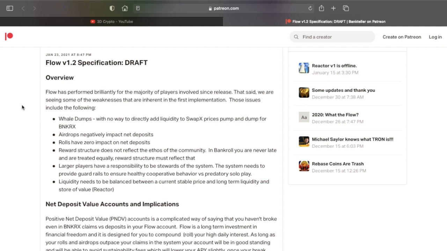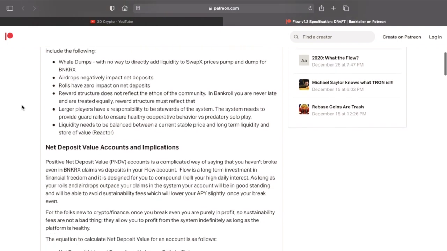And then obviously things like larger players and smaller players were treated equally, when in essence larger players have a large responsibility because they are actual stewards of the system. And then obviously the last thing was liquidity needed to be balanced between the current stable price and long-term liquidity and the store of value.